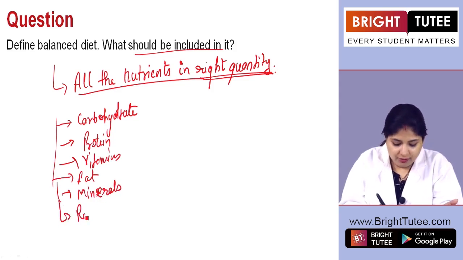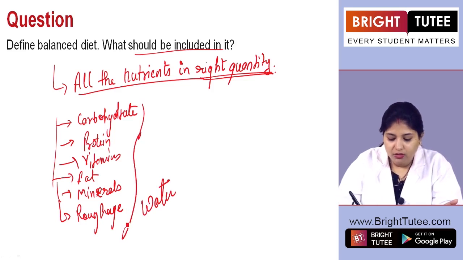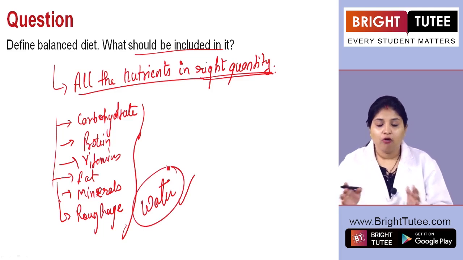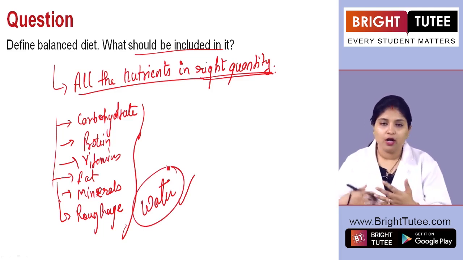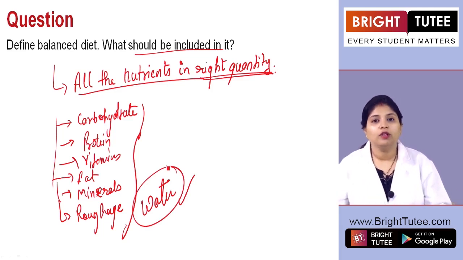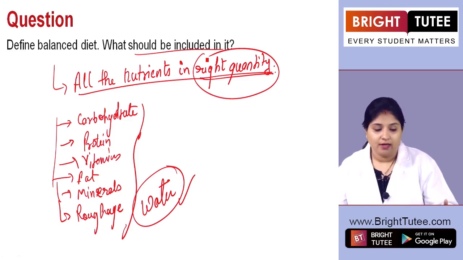Also, obviously, roughage is important, and you also need water, right? So the balanced diet contains all these nutrients, and water should be there in your diet. Although you should not drink water along with your food, but definitely water is required. So all the nutrients should be present in the right quantity in the balanced diet, right?